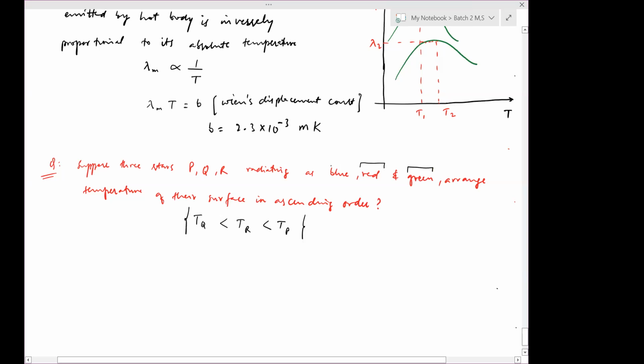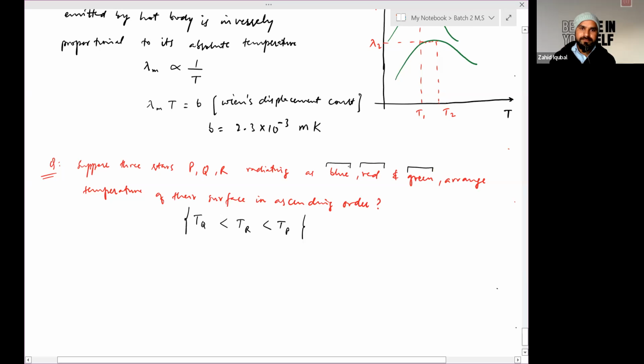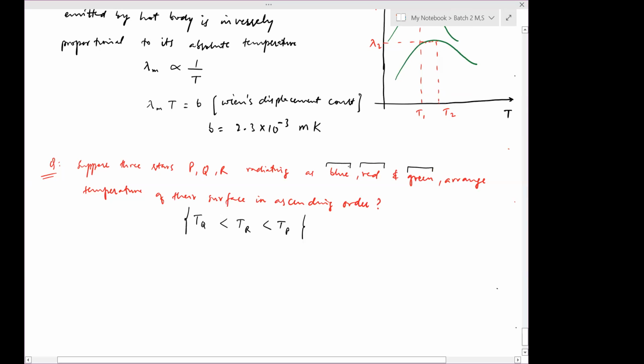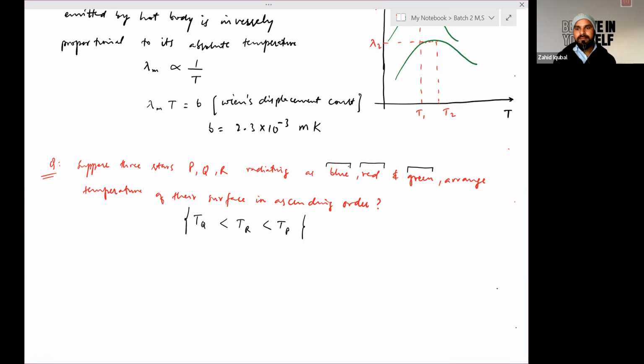So the order is red, green, and blue. Yeah. Okay. Atvika, is it clear?